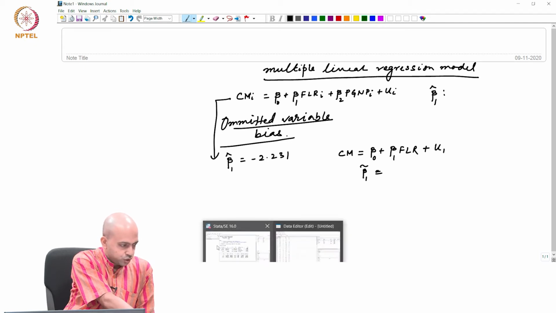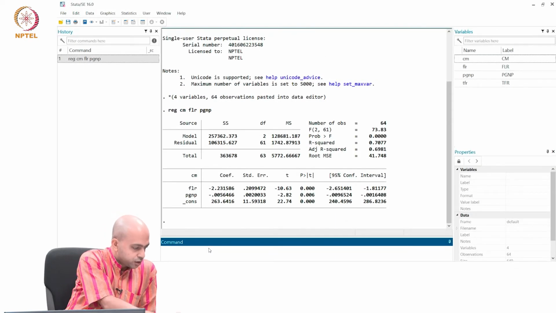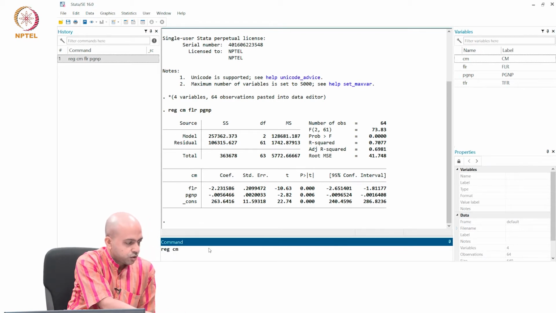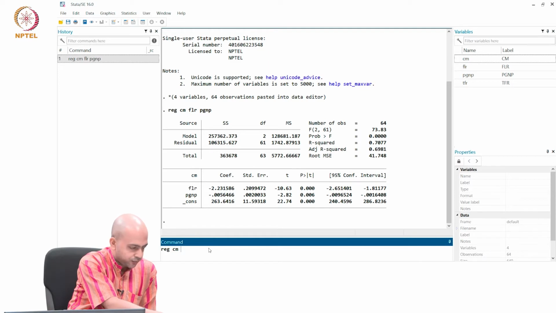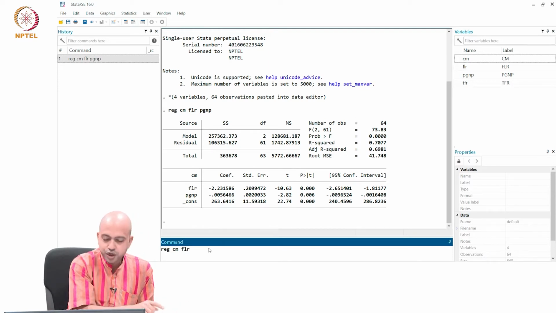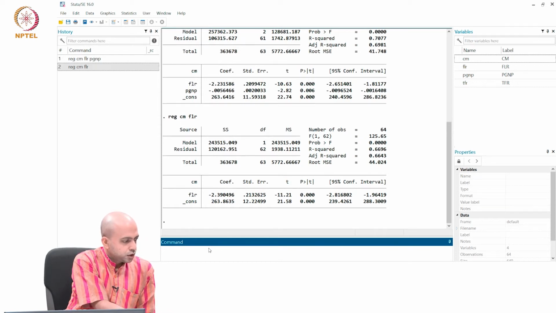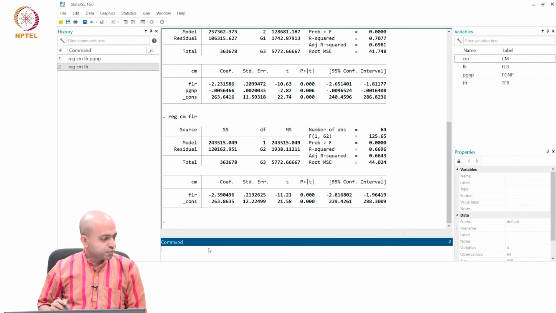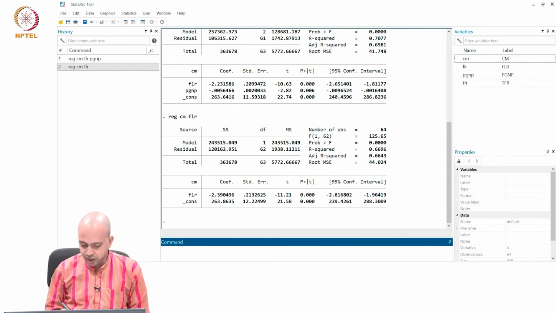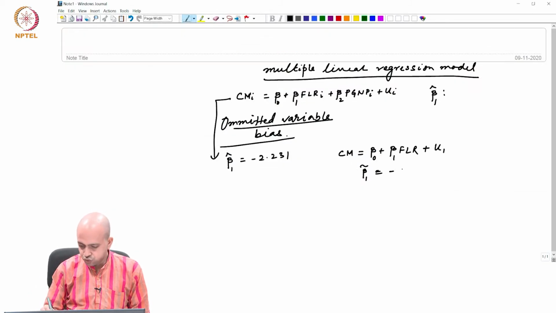Now we are going to estimate beta 1 tilde. So, we will regress only CM, child mortality rate, on FLR. That means we are not including PGNP in the model. Now, what is the coefficient? The coefficient is minus 2.39.